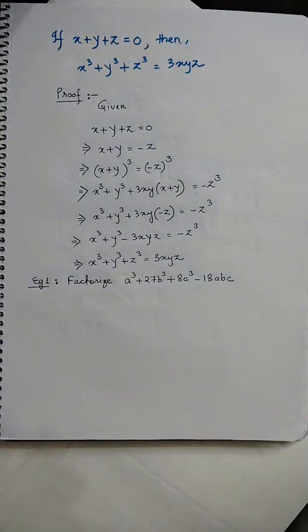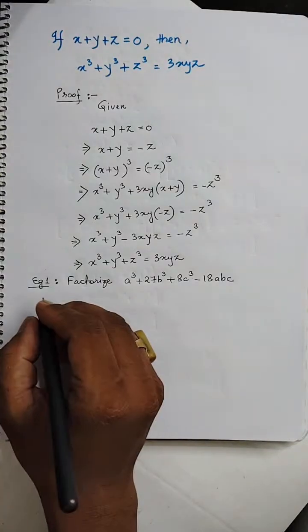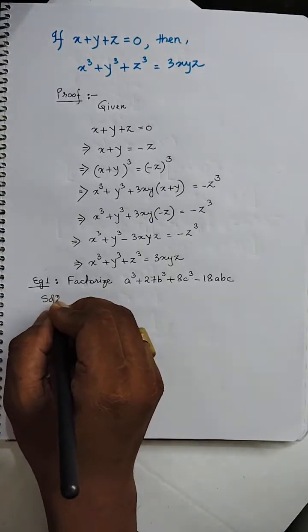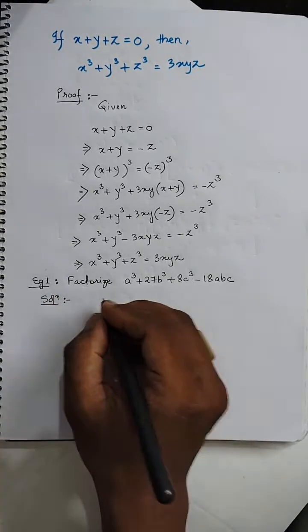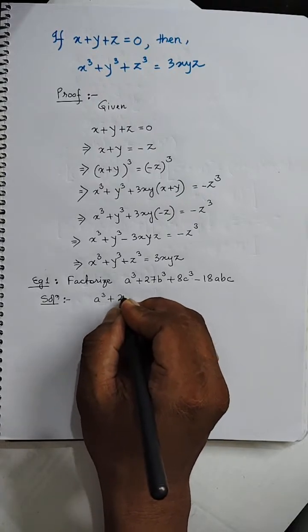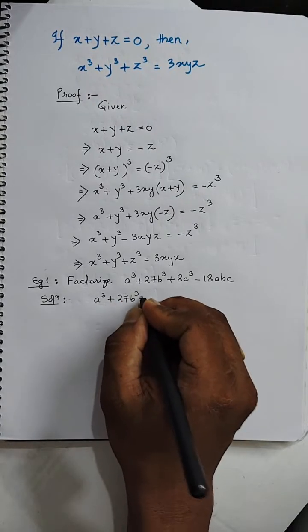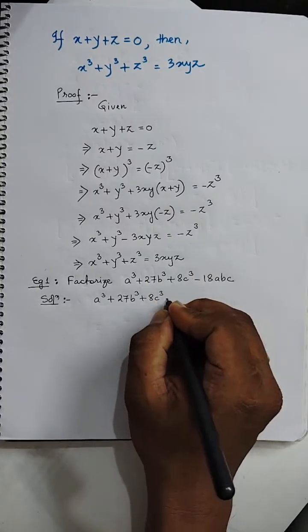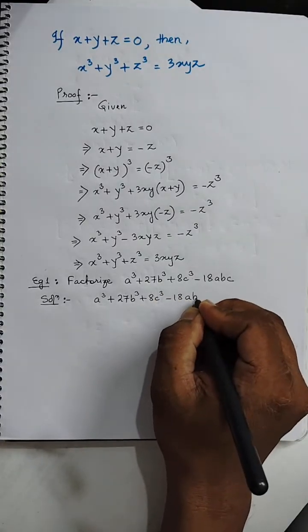Yes, sir? So let me write the expression first. A cube plus 27b cube plus 8c cube minus 18abc.